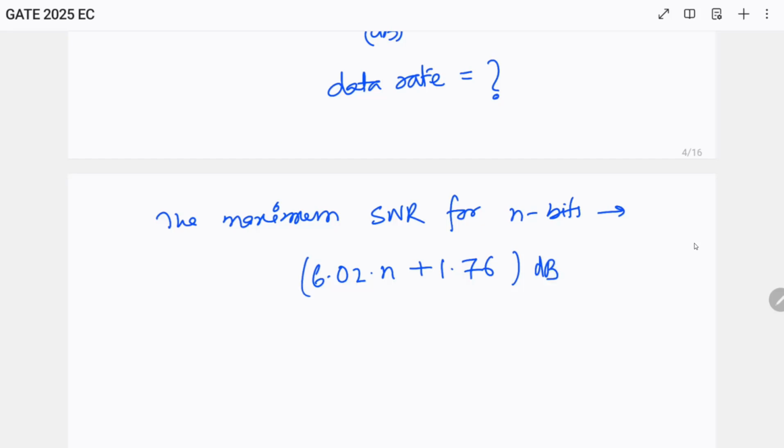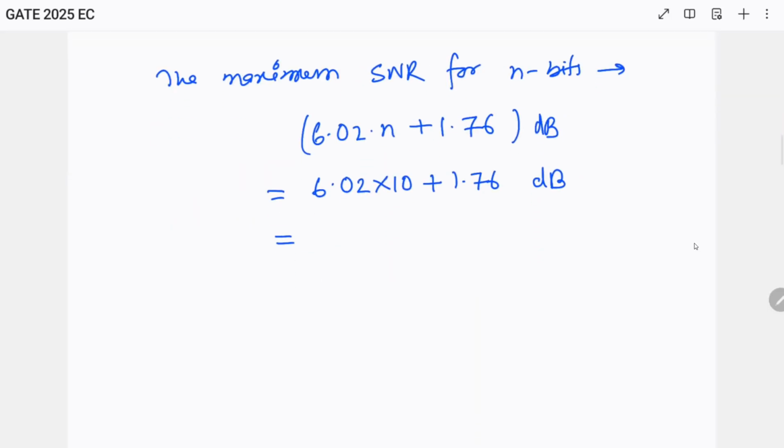So if I put the value of n as 10, it is 6.02 times 10 plus 1.76 in dB. Finally, if I add these two, I will get 61.96 dB. So this is my maximum SNR for 10 bits.